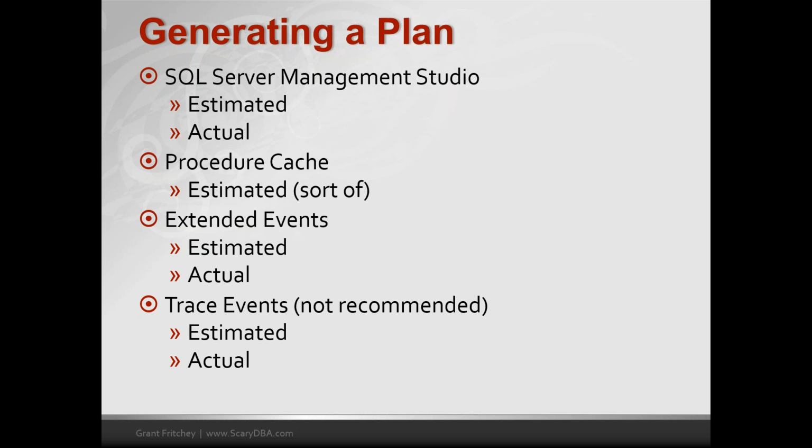Now, the two types of execution plans we have are estimated and actual, and you can see on the slide there what I've done is showed you where you get each of those types of execution plans. Now, the interesting thing is that there's really only one execution plan. It's not that there's an estimated and an actual.